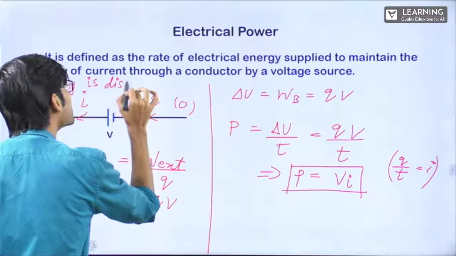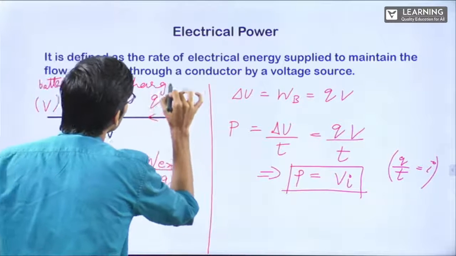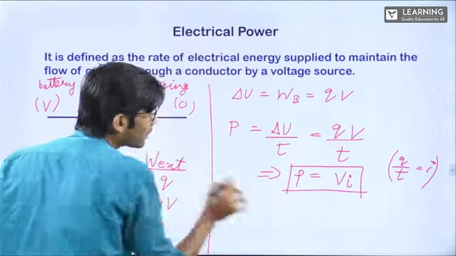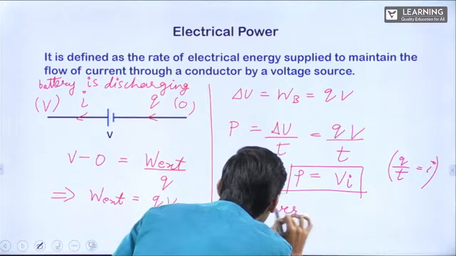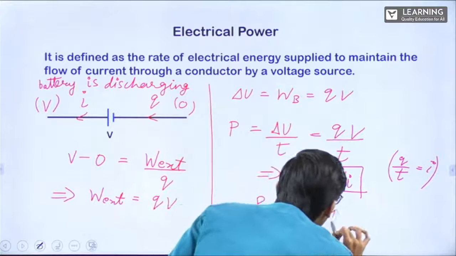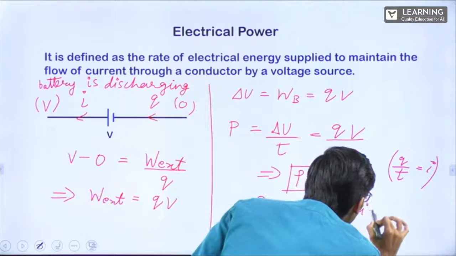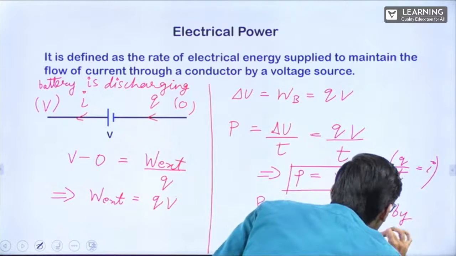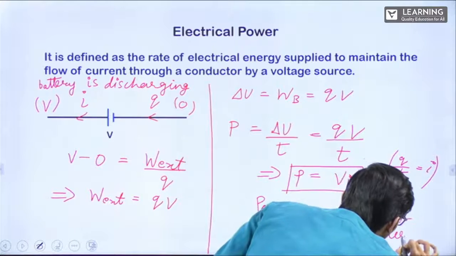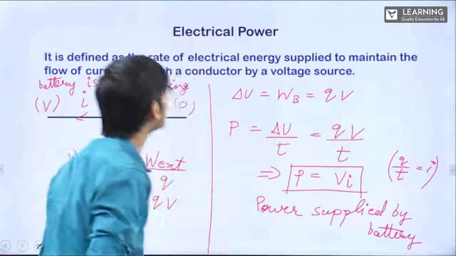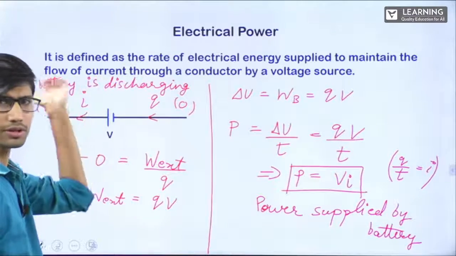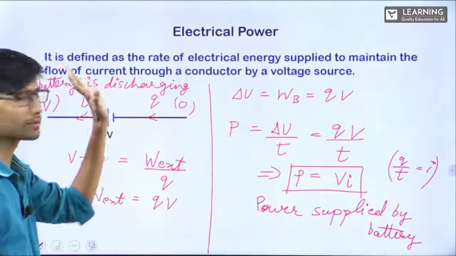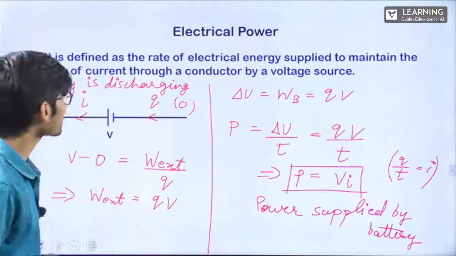When battery is discharging, the power what we get is power supplied by battery. This battery is discharging because it is rotating the charge and giving it to the resistor, the capacitor, whatever is connected to the circuit, right?